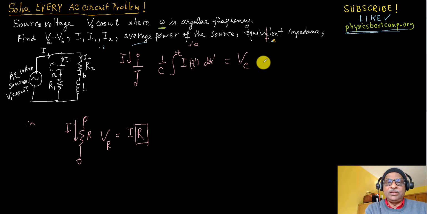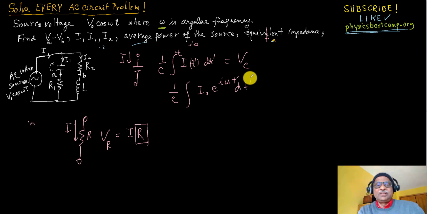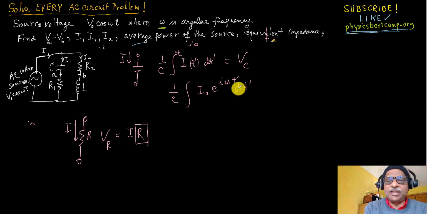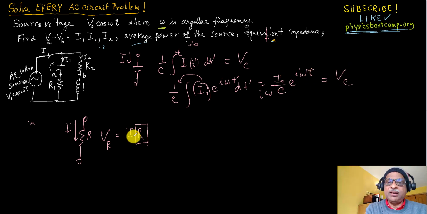If the current varies as e to the power i omega t, I can say 1 over C times the integral of something varying as e to the power i omega t, dt prime. This constant can be complex, but as long as it doesn't depend on time, I can pull it out, and there's going to be I0 over C, and then 1 over i omega times e to the power i omega t, and that's the voltage across the capacitor.